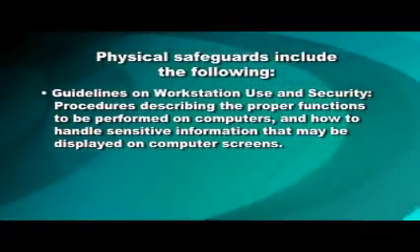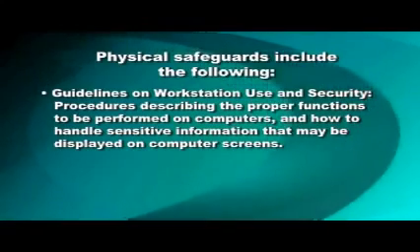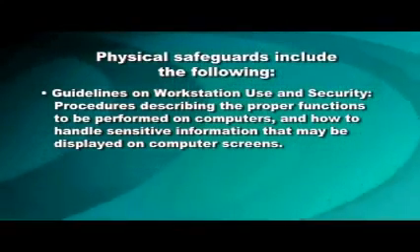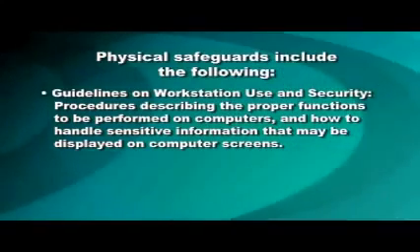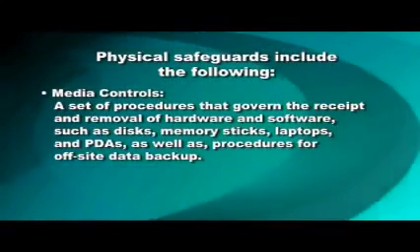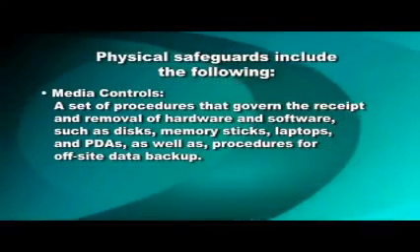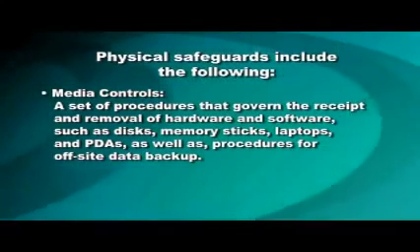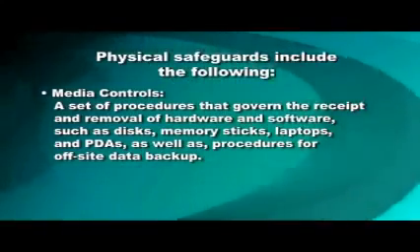Guidelines on workstation use and security: procedures describing the proper functions to be performed on computers and how to handle sensitive information that may be displayed on computer screens. And media controls: a set of procedures that govern the receipt and removal of hardware and software such as disks, memory sticks, laptops, and PDAs, as well as procedures for off-site data backup.